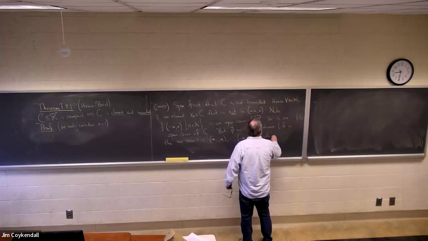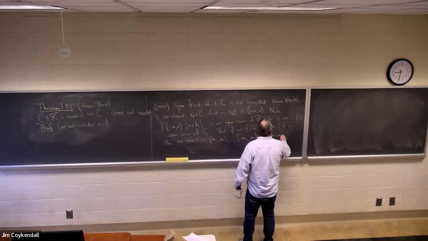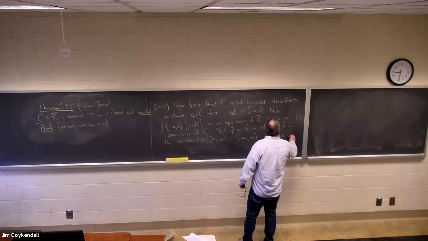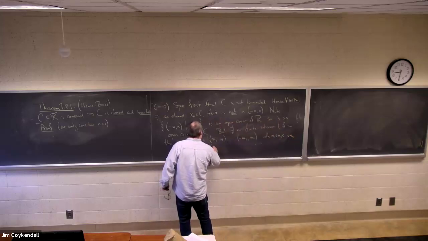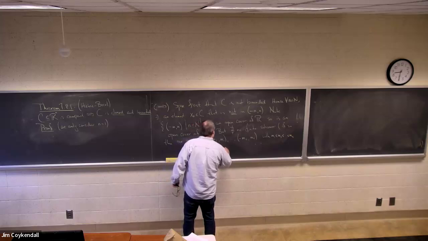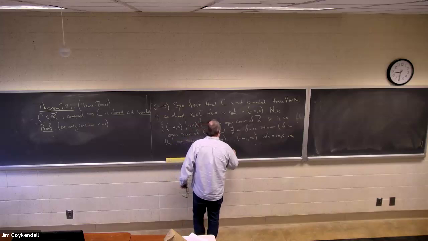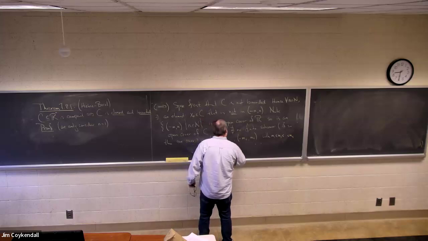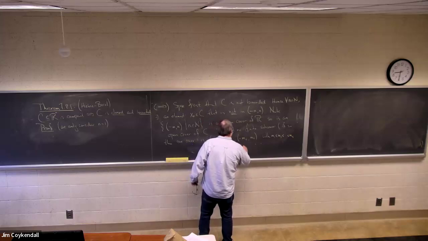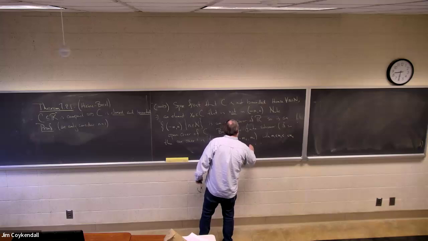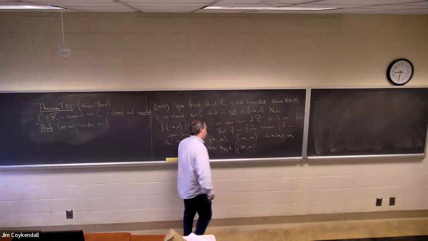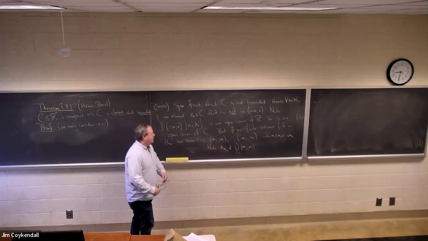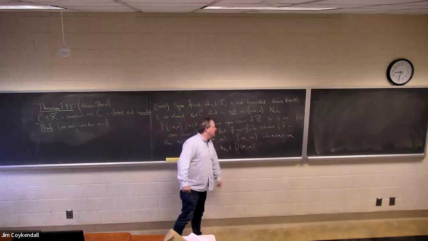I can also assume that M1 is less than M2, less than MK. And note, X sub MK is not in the union of the intervals from minus MI to MI, because it's outside even the biggest interval.